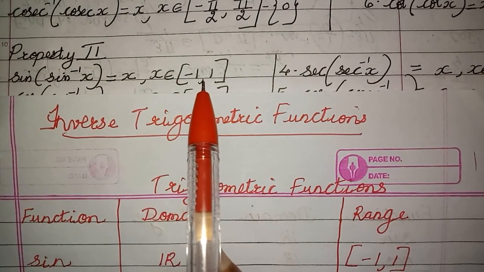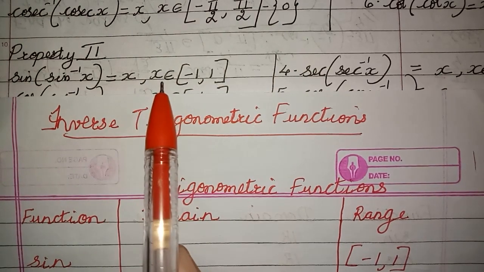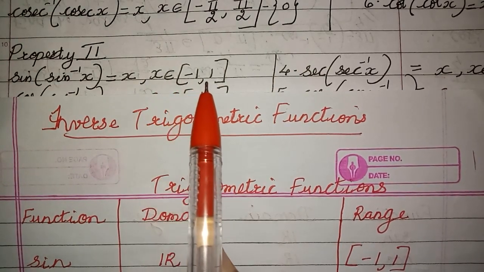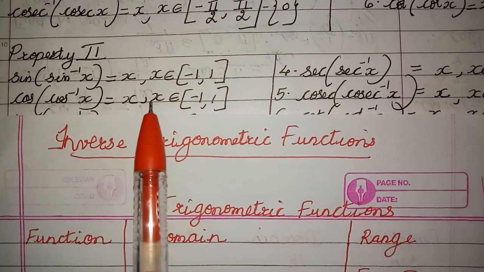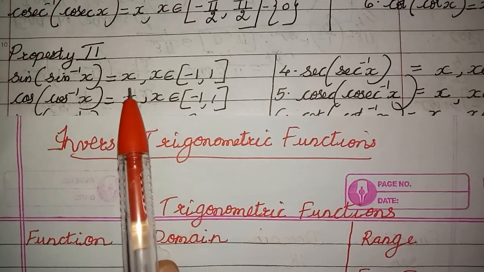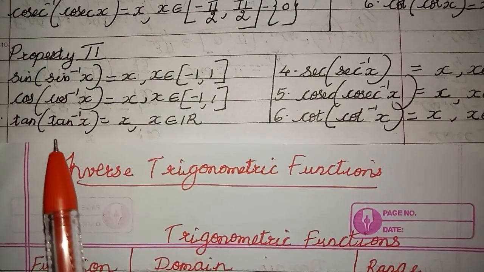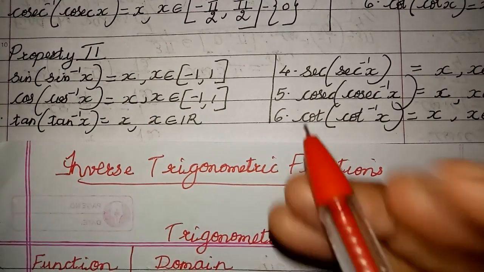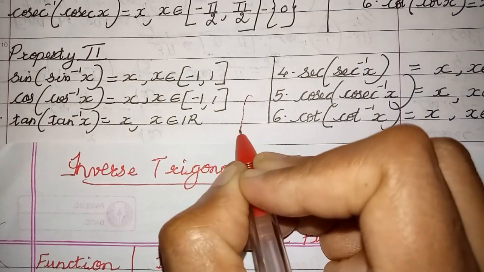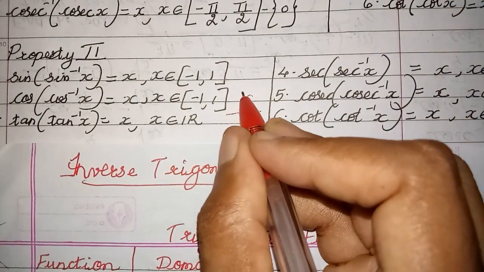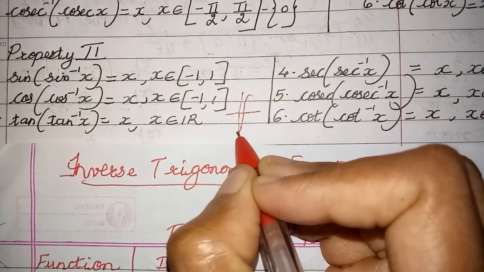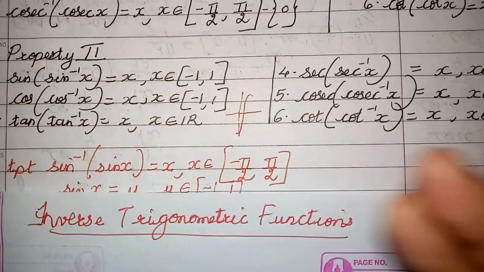It was oscillating, right? Just now I told you. So x belongs to minus 1 to 1. Similarly, cos was also oscillating between minus 1 and 1, so this final x has to be between minus 1 and 1. Similarly, if you remember the graph of tan, it was this way with all the breaks, so it was covering the entire real numbers. That's why x belongs to R.